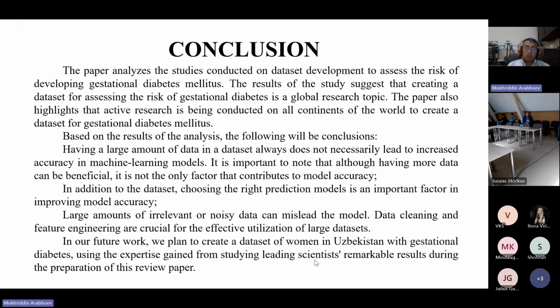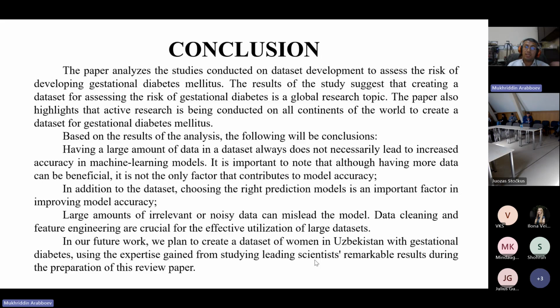In conclusion, based on the results of our analysis, the following are our conclusions. First, having a large amount of data in a dataset does not necessarily lead to increased accuracy in machine learning models. It is important to note that although having more data can be beneficial, it is not the only factor that contributes to model accuracy.